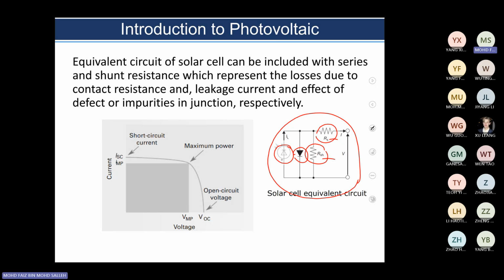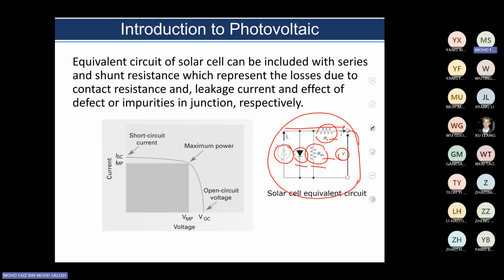And you can see here, the current that flows to your load, or the potential applied to the load, the output, is governed by the balance between this diode and the shunt resistor. What it means is that if you increase the shunt resistance, the current that flows to your load will decrease because it goes to the diode, but the voltage stays high.